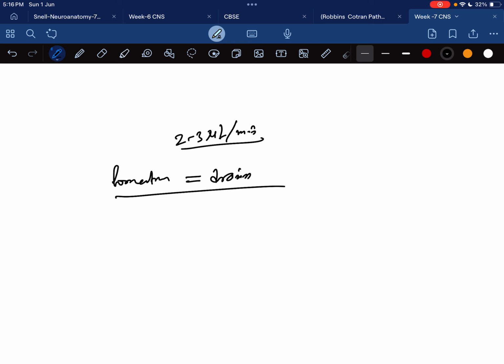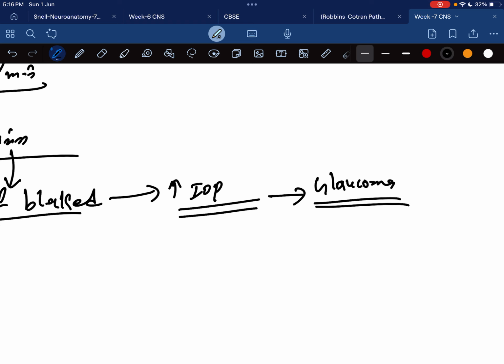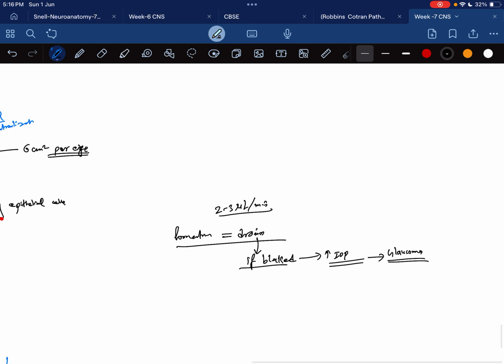If the drainage is blocked, formation is constant, but there is increased intraocular pressure, and that leads to glaucoma risk. We will discuss this more when we discuss the pathology of glaucoma.